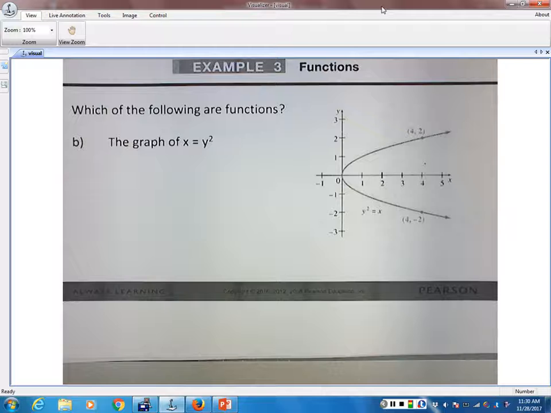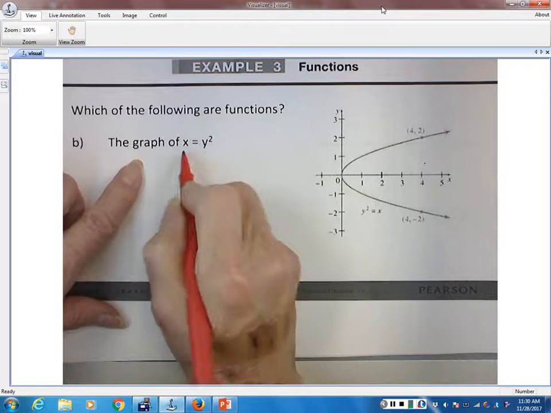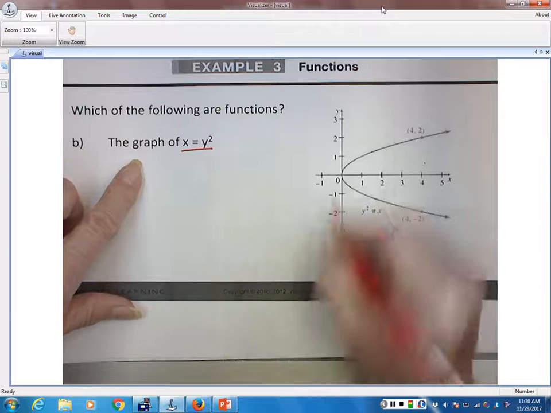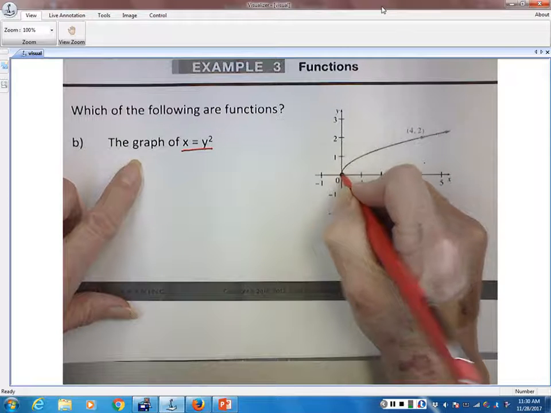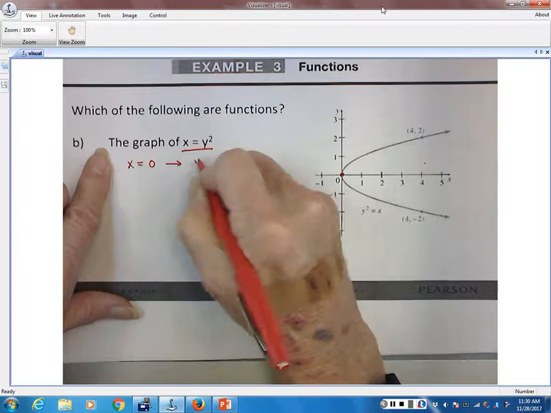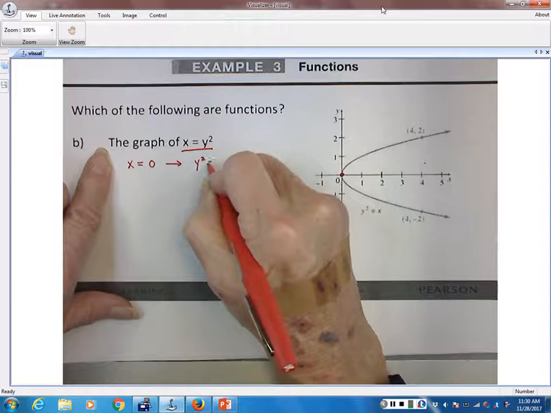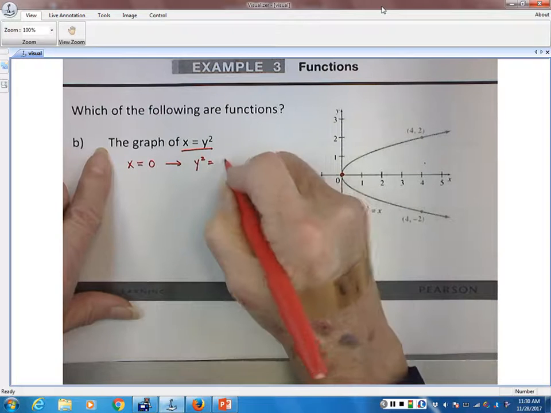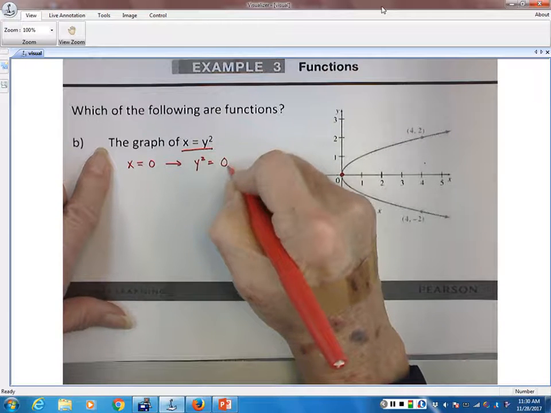Here we've got another graph. The graph is x equals y squared. Now, if x is 0, y squared is going to also, given that this is y, it's also going to be 0.